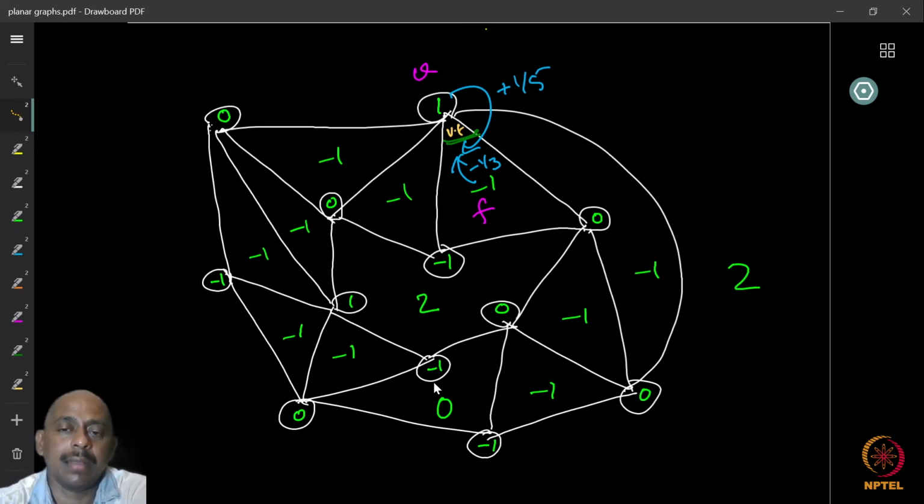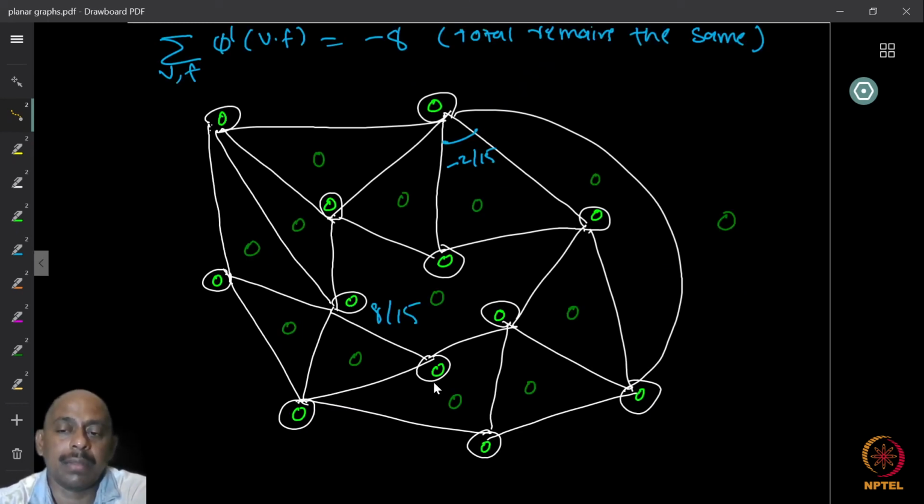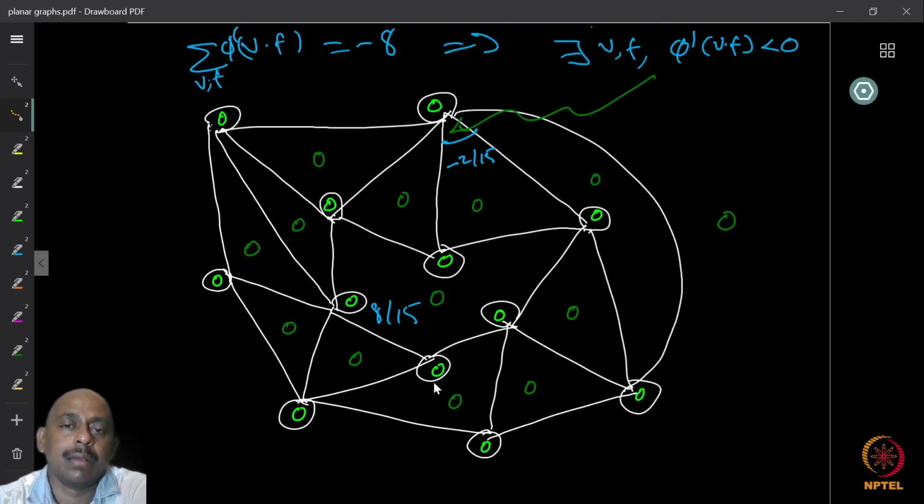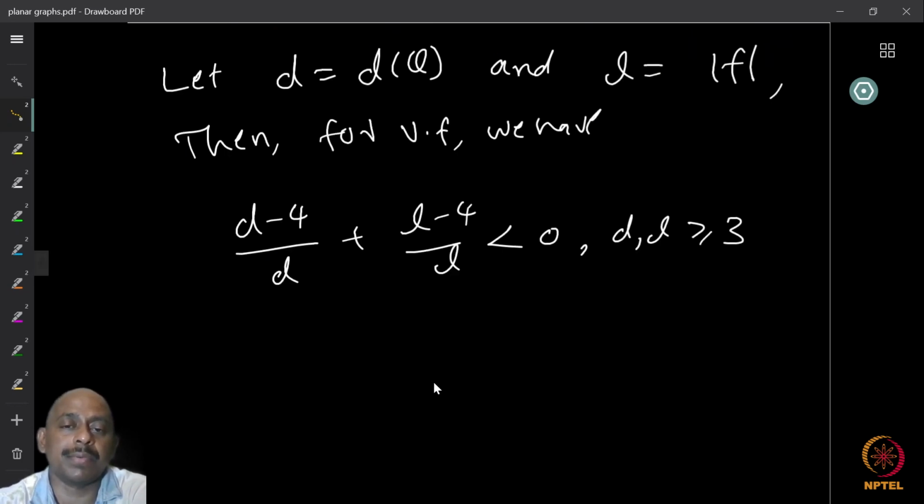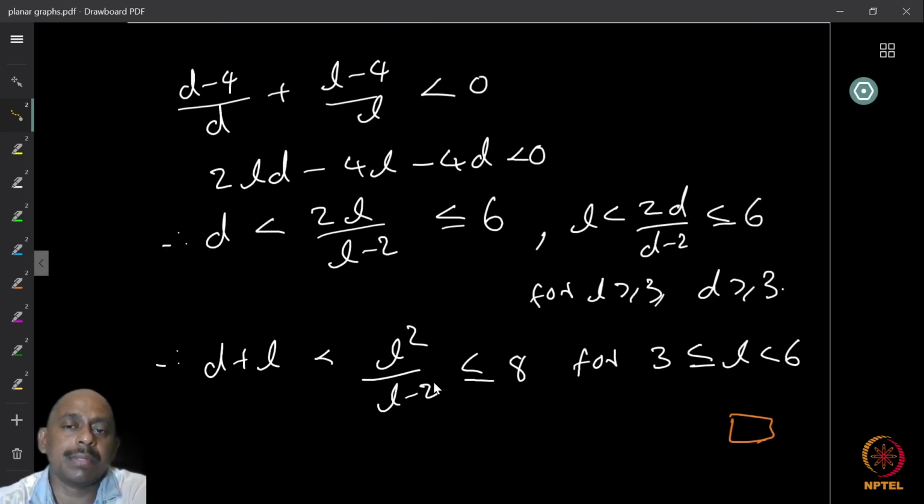That is the overall idea of the proofs that we were looking at. So this is how one can use the discharging method to prove results on graphs, and especially planar graphs. It is very powerful. So we will look at one more example, which is a more involved example, to see a better picture of the discharging.